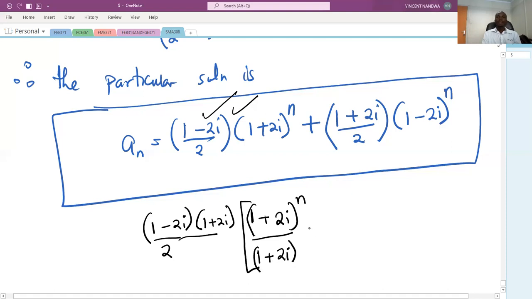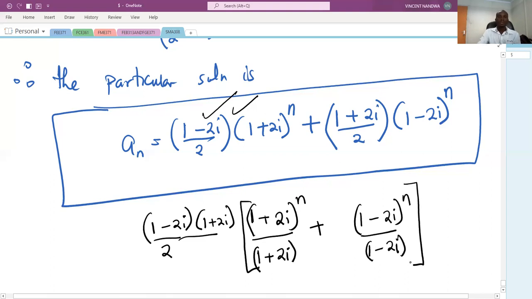And then plus, this one is already out, so I need to have (1 minus 2i) power n divided by 1 minus 2i.